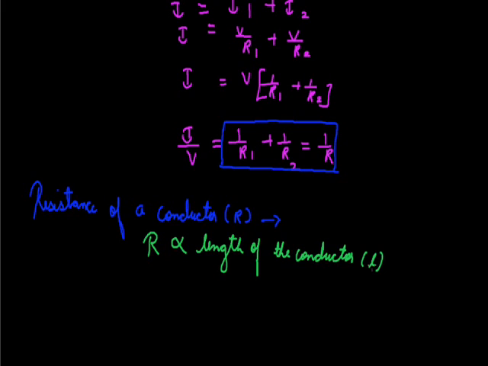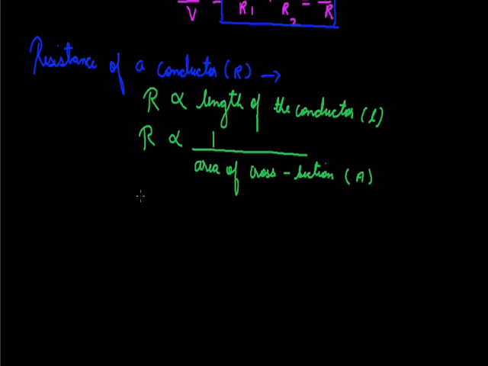But the resistance of a conductor is inversely proportional to the area of cross section A of the conductor. On combining the above two equations, we get R is proportional to L by A.